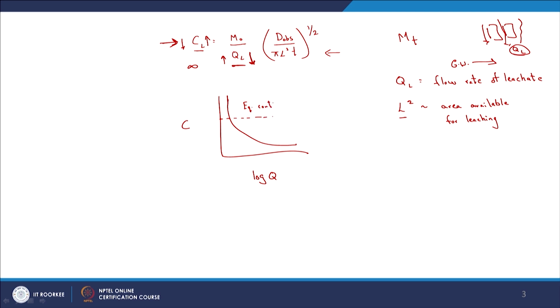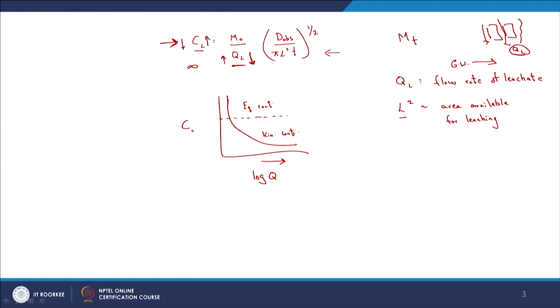Above this particular dotted line, it is equilibrium controlled, and below it is kinetic control. Let us just try to understand that. As Q increases, what do you see with respect to C or C_L, if I may say so? It decreases. And why is that? The system does not have enough time for the mass to be transferred from your particular matrix into the leachate.